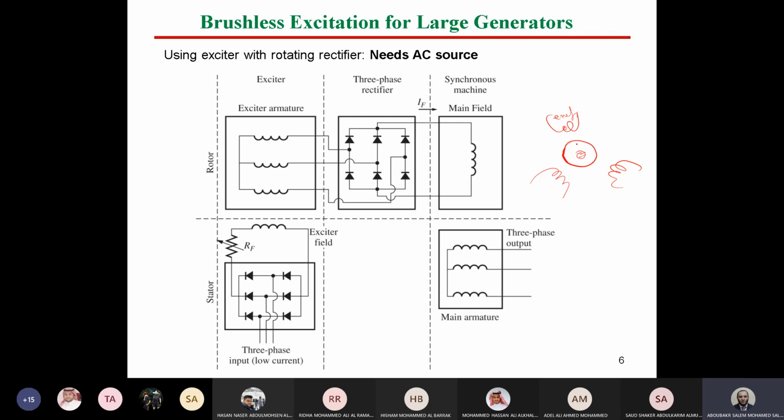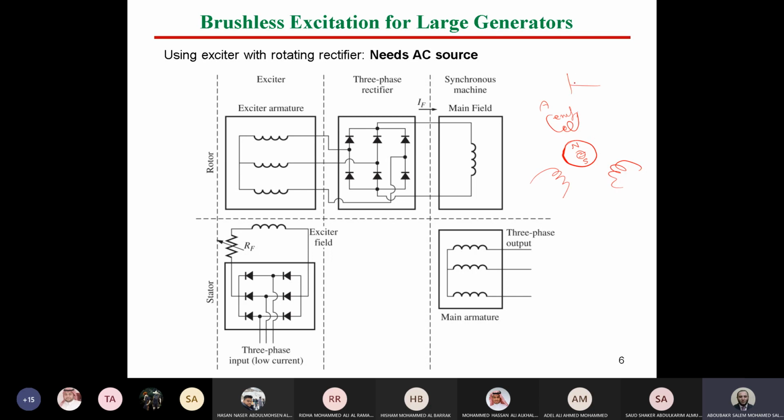However, if we establish a constant flux by connecting DC like that, poles will be created here, N and S, and the rotor is already moving by means of the prime mover. For this phase, assume this is phase A, for a certain period it will see pole N moving far, then come to the winding, and far again.